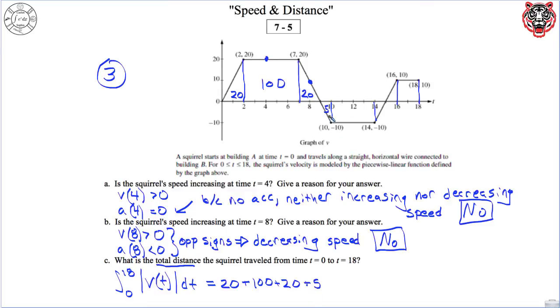And again, it's positive now, even though it should be negative, because we're taking absolute value. So this is going to be 1, 2, 3, 4 by 10, so a positive 40. So plus 40. And again, these two triangles are the same as this one, so this is going to be a 5 and another 5. So plus 5 plus another 5. And this is going to be 2 by 10, which is 20. So plus 20. If I add all of those up, what do I get? I get 215.